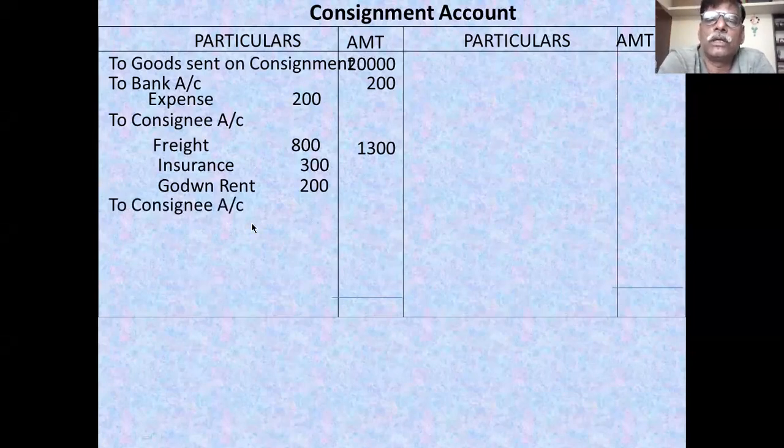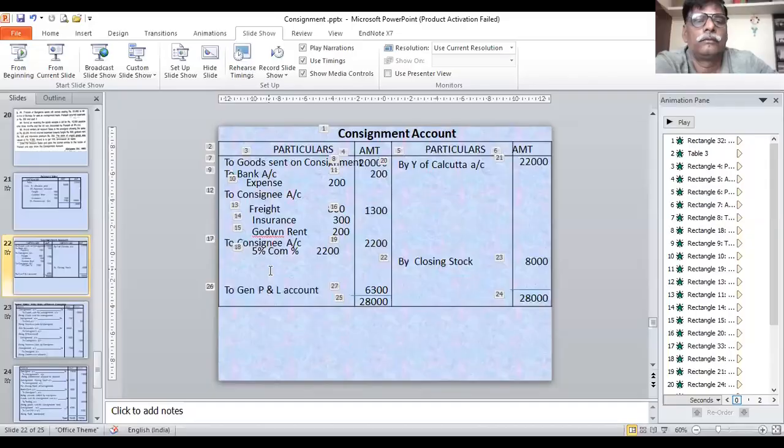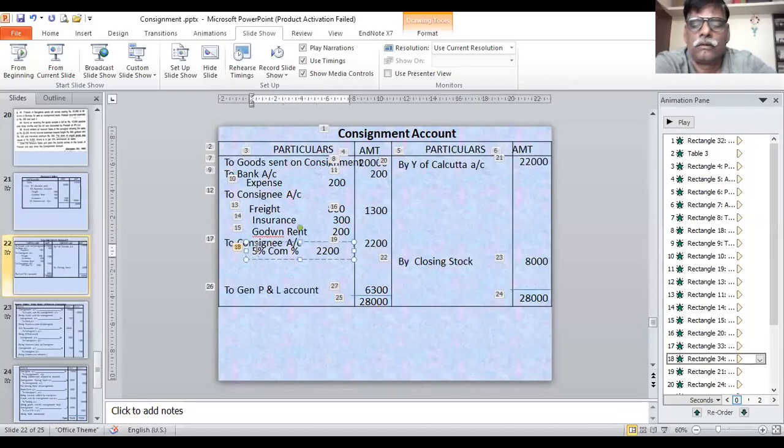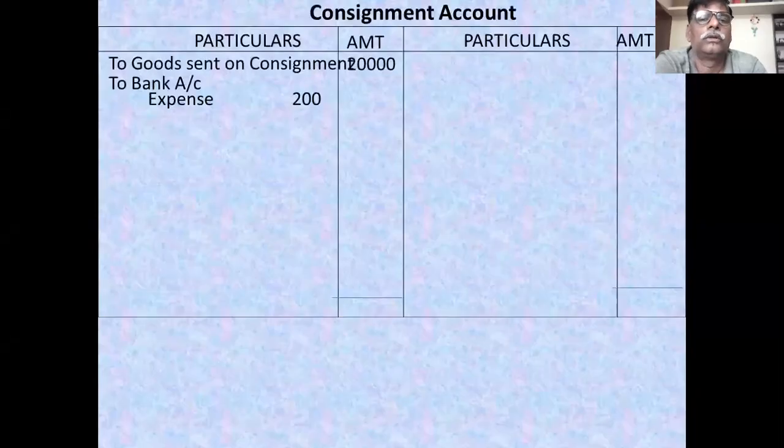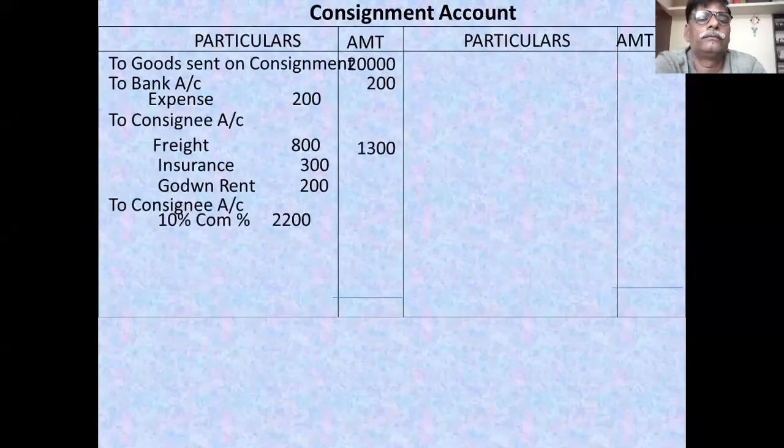On that, 10% is the commission. 10%, 2,200 is the commission.